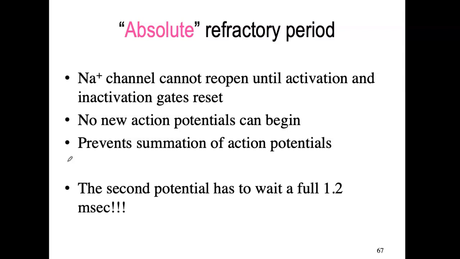Until the activation gate has reset and the refractory period is gone and it can actually depolarize again. Well, that's 1.2 milliseconds. It's not very long, right? Milliseconds, 1,000ths of a second. So it's incredibly fast. But there is that little period behind the active section that cannot be stimulated by any means.